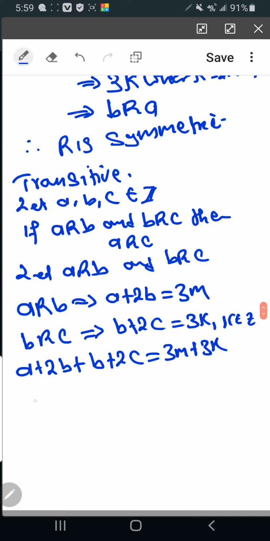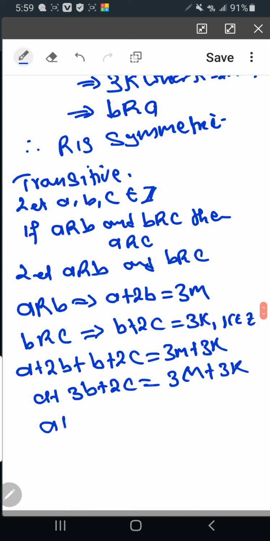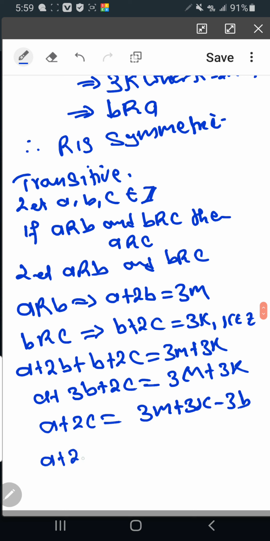Now we have a + 3b + 2c equal to 3m + 3k. This gives us a + 2c equal to 3m + 3k minus 3b. Now a + 2c is equal to 3 times (m + k minus b).